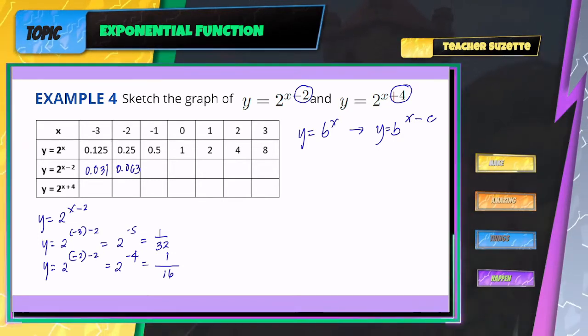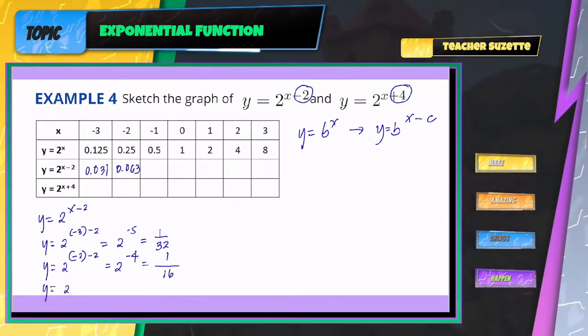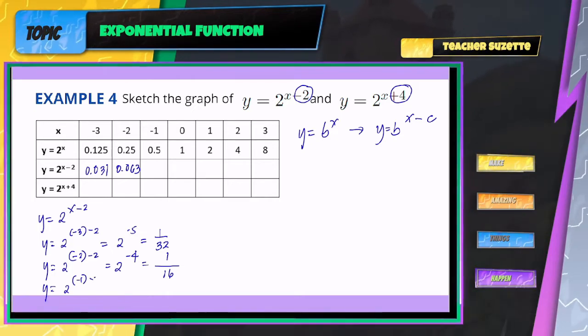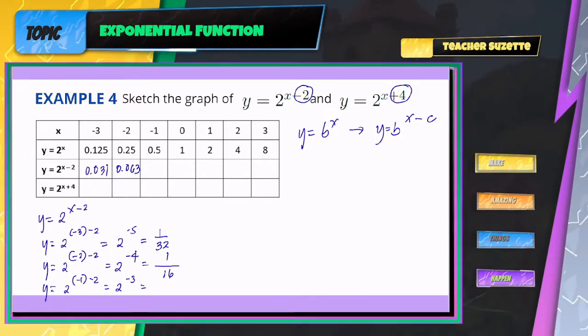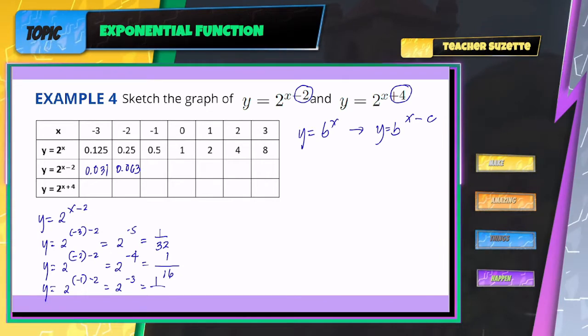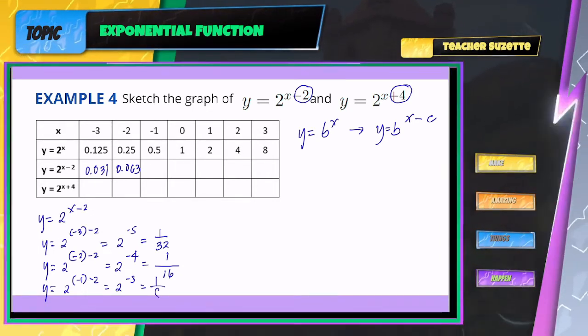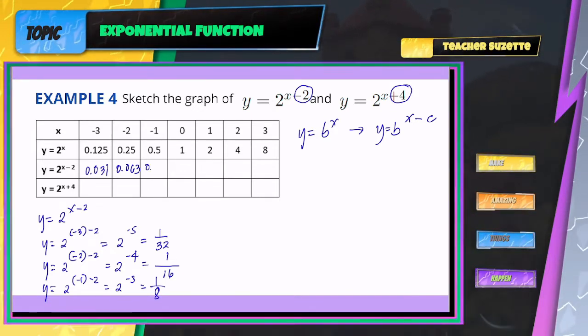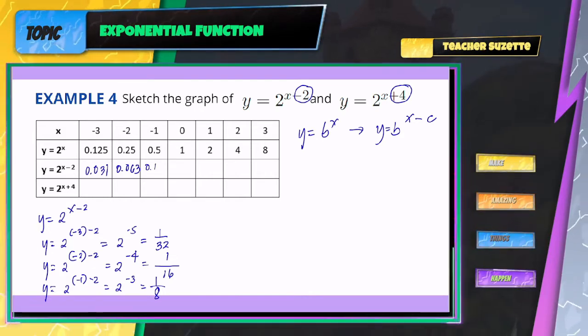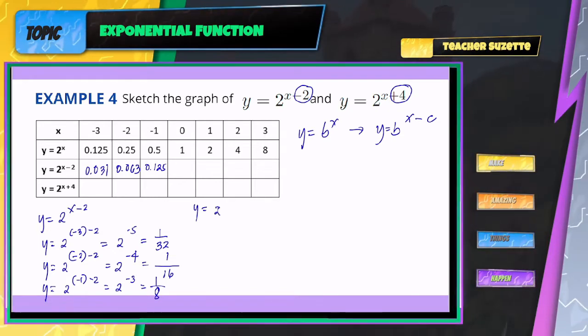1 over 16 in decimal point is equal to 0.063. Next, y is equal to 2 raised to negative 1 minus 2. That is equal to 2 raised to negative 3. And 2 raised to negative 3 is equal to 1 over 2 raised to 3. 2 raised to 3 is 8, so 1 over 8 in decimal is equal to 0.125. Next, we have y is equal to 2 raised to 0 minus 2.